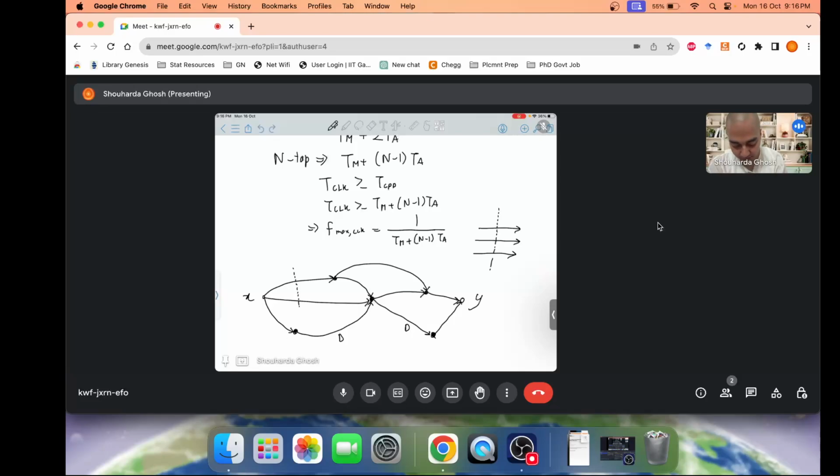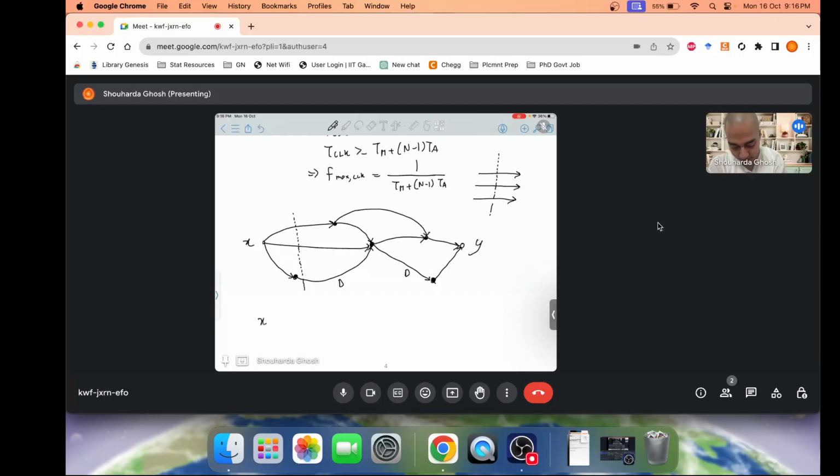But if you cut the entire thing over here, then you get something like this and the rest of the world connected. Such cut sets are called feed forward cut sets.